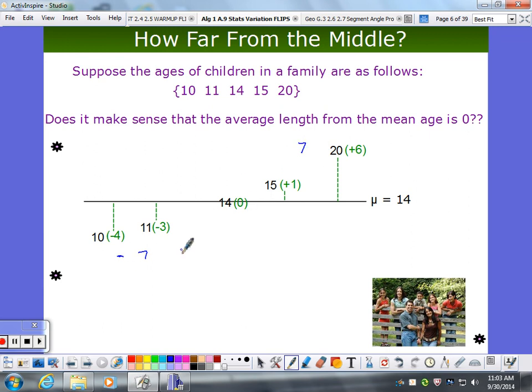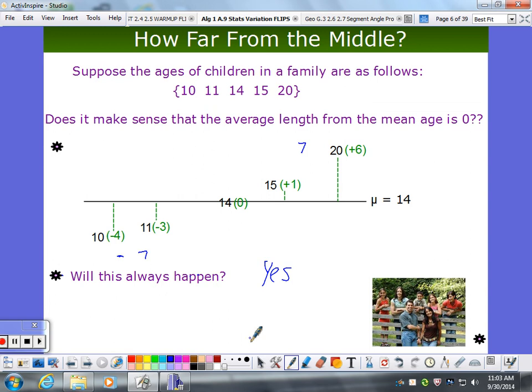Yes. Is this always going to happen? Well, think about what a mean is. If that's the middle, then there should be an equal amount below and above. So is this always going to happen if I try to average all the distances from the mean? Yes. So that does not help me.